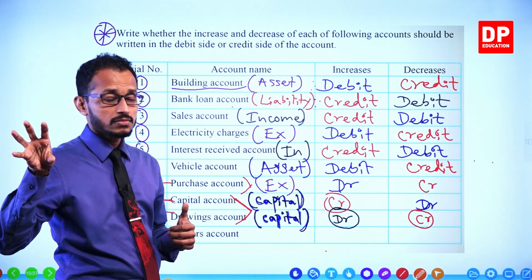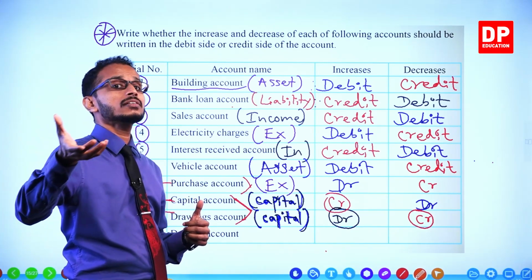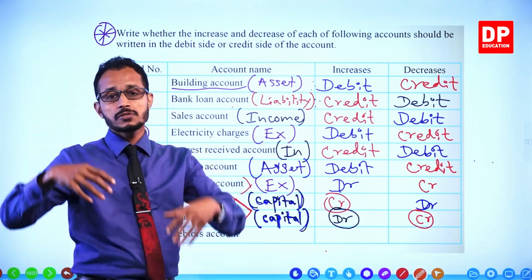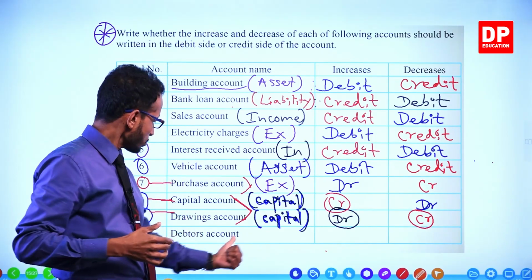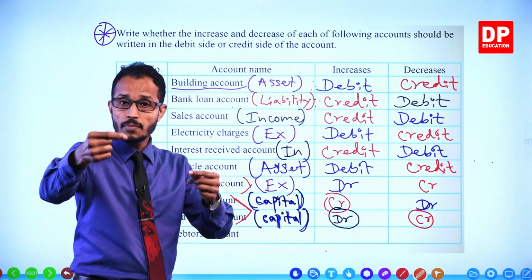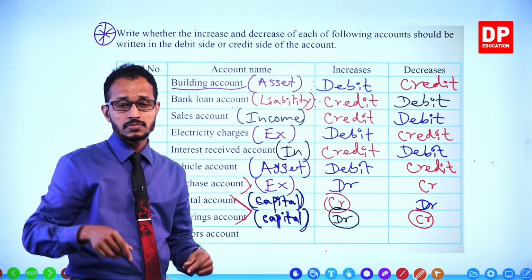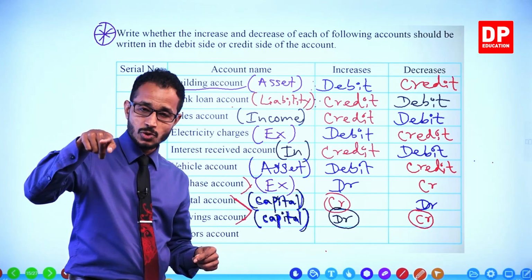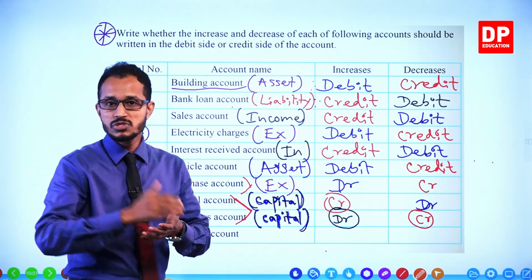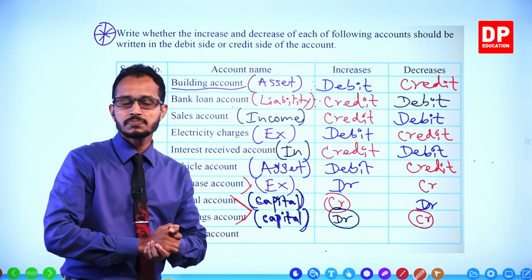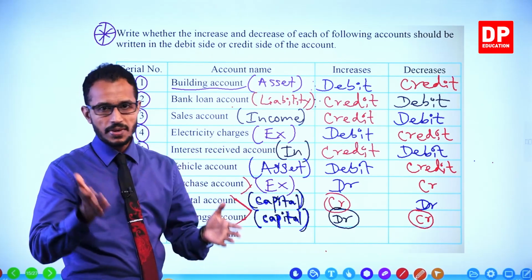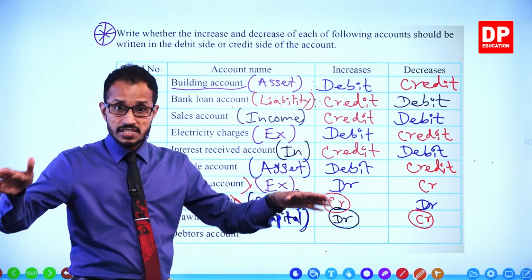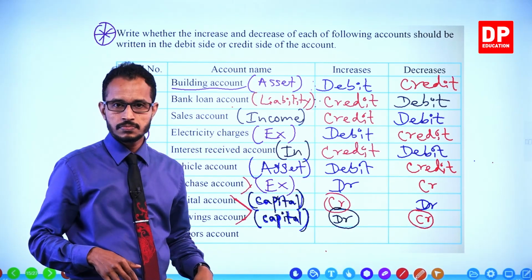That shop, Vikramaratna Stores, has bought goods from your business, and they haven't paid money yet. So Vikramaratna Stores owes our business. That makes them debtors. Likewise, there are various debtors.